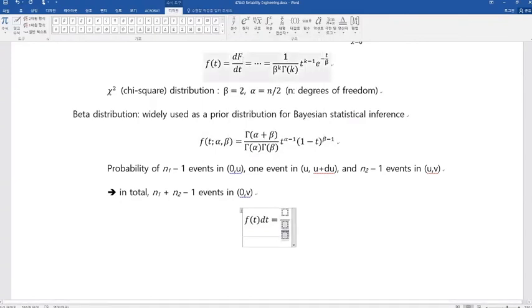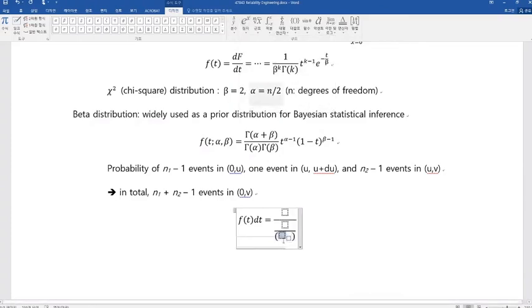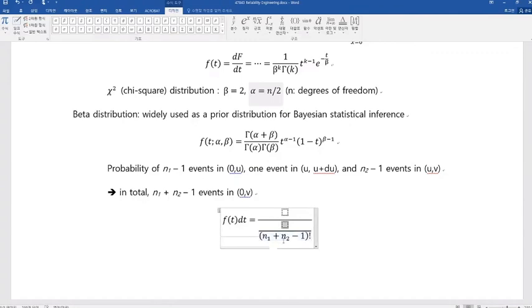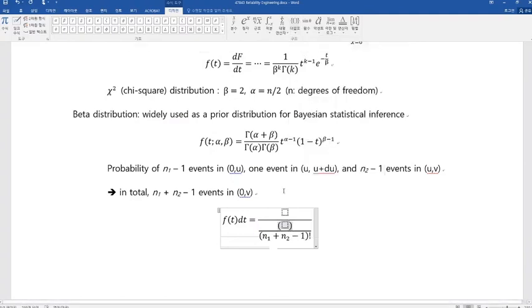So when you apply a Poisson distribution, the denominator is n1 plus n2 minus 1 factorial, times lambda t to the power of the number of occurrences.